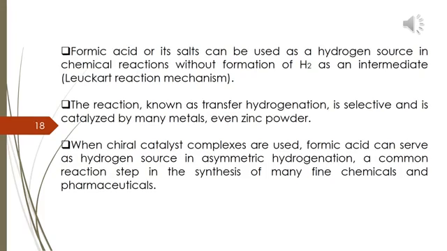When chiral catalyst complexes are used, formic acid can serve as the hydrogen source in asymmetric hydrogenation. These are complexes containing chiral moieties that catalyze the reactions.